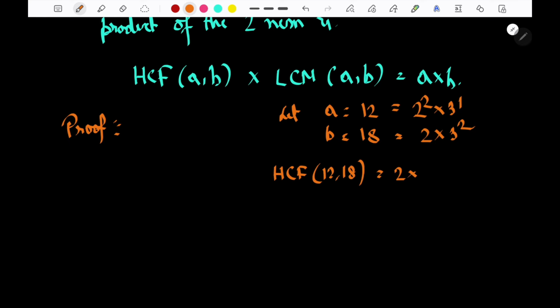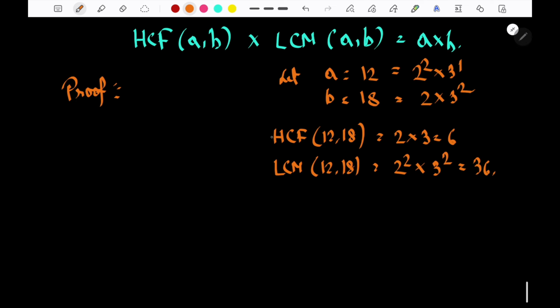Choose the smallest power: 2 into 3, that is 6. LCM of 12, 18 will be what? Choose the maximum power: 2 square into 3 square, that is equal to 36. Now HCF into LCM will be equal to 216, and a into b will be equal to 18 into 12, that is 216.